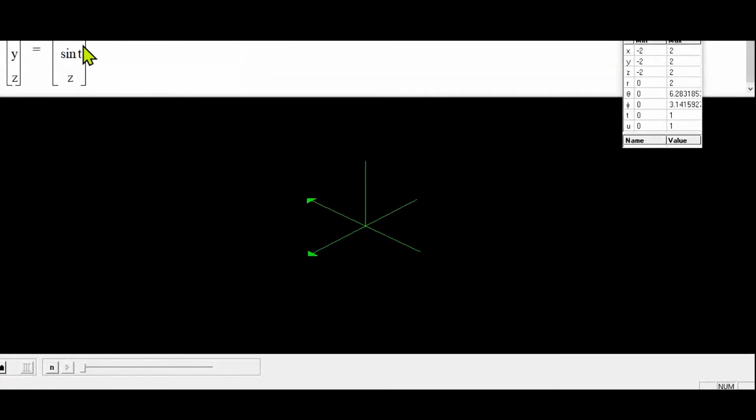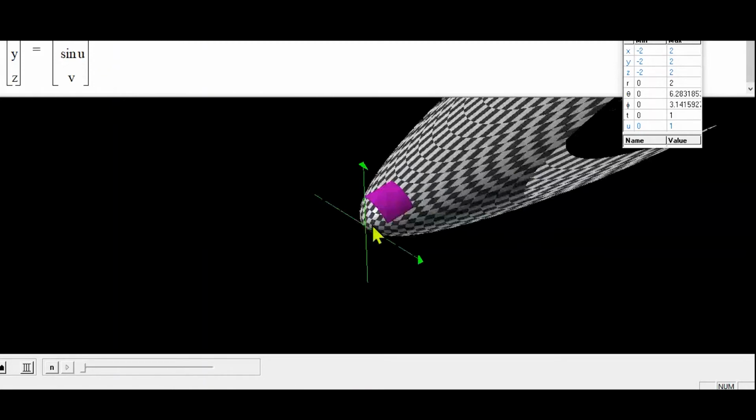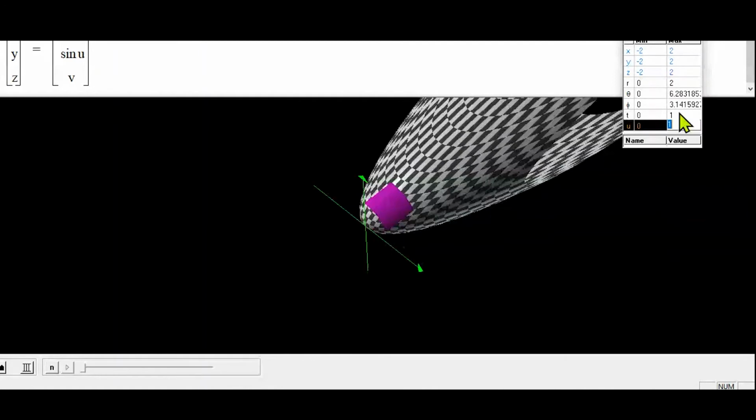Okay, I'm going to use something called the parametric surface. You don't know what it is yet, but just okay. Now I'm going to vary my u from 0 to 2 pi.